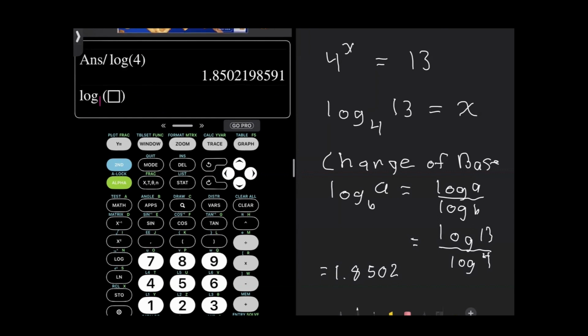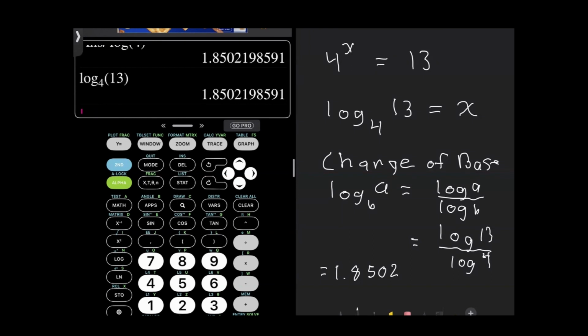So you can have the base of 4 and use the arrow to scroll to the next box, and you have 13. And then you hit enter, and you can see it is the same result. If you do not have this feature in your calculator, use the change of base rule. If you have this feature, then go ahead and use it as shown.